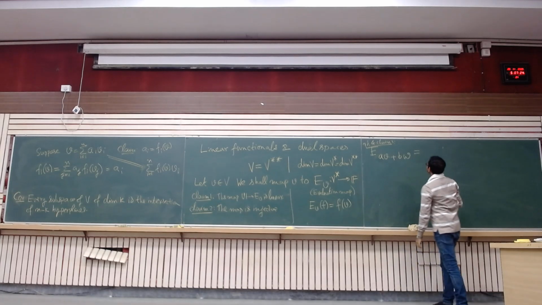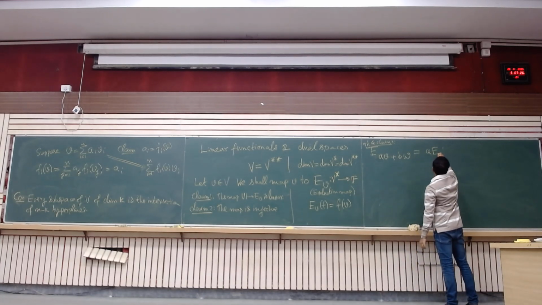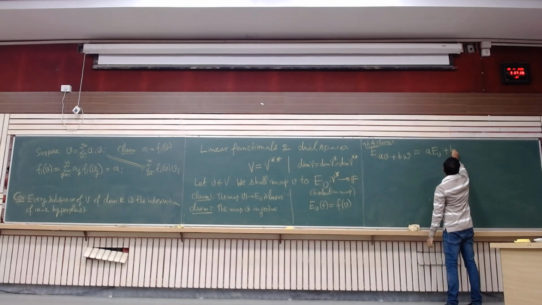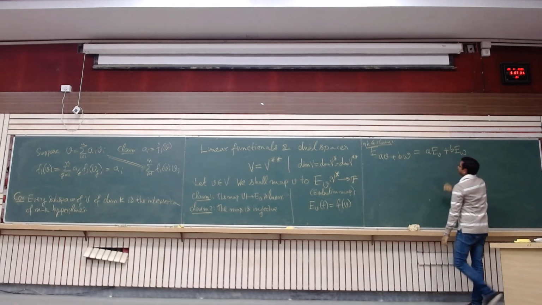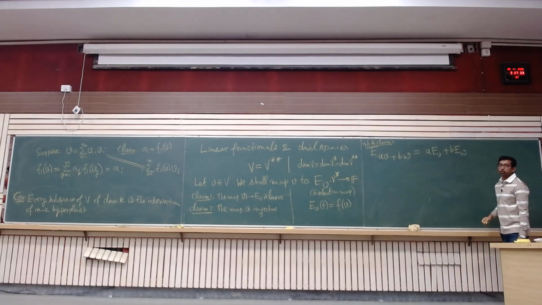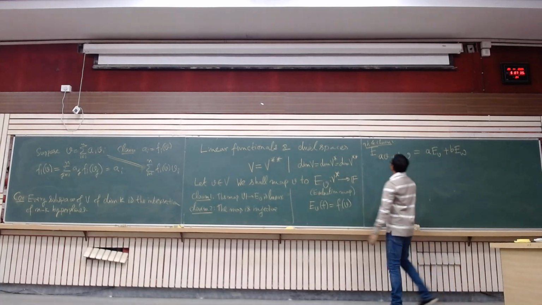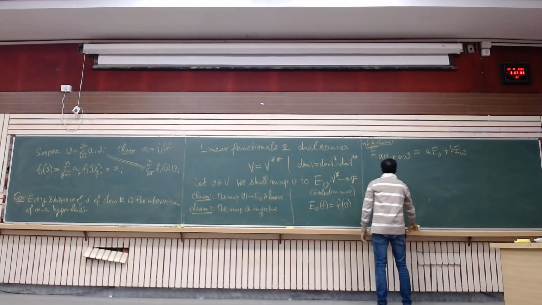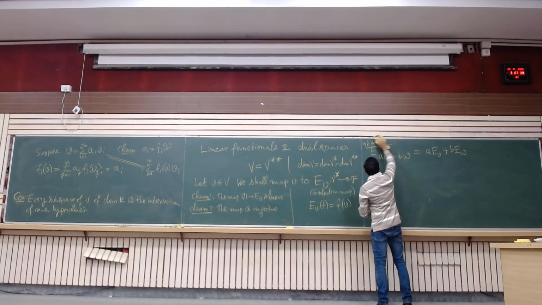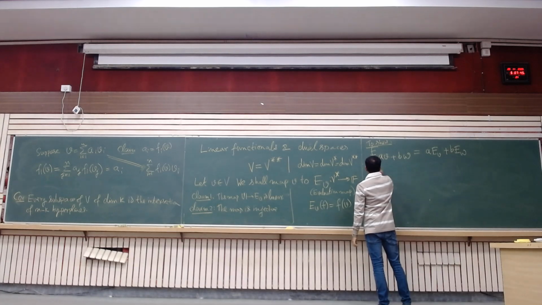This is A times EV plus B times EW. This we need to show. Okay. So this is not yet the proof. This is to show. And the proof begins from here.